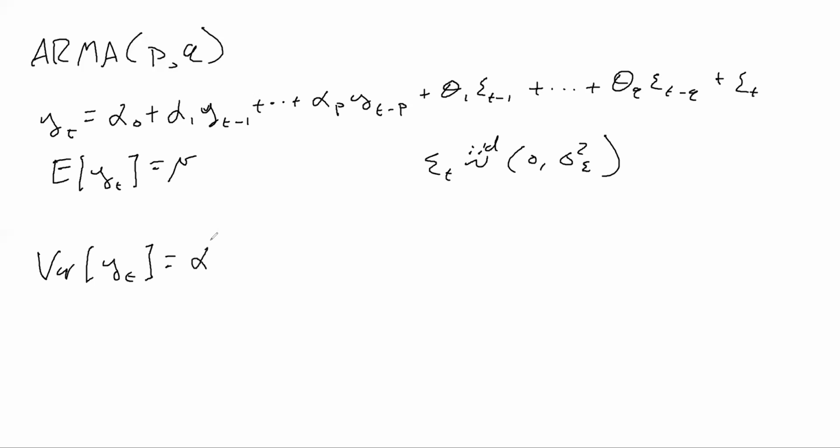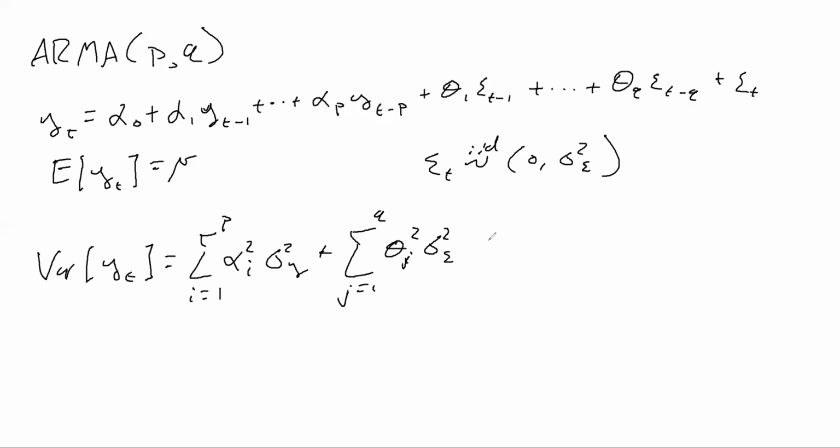this would give you, factor all of these out, all the alphas out, which I'm going to do with a summation. That way we can save some time. I use the i index for the AR process. So all your coefficients squared, multiplied by the variance of y, there's p many, plus, let's use j, q many thetas squared, multiplied by the variance of our error term.